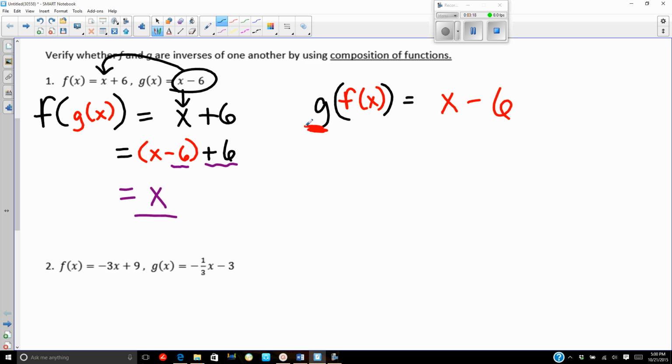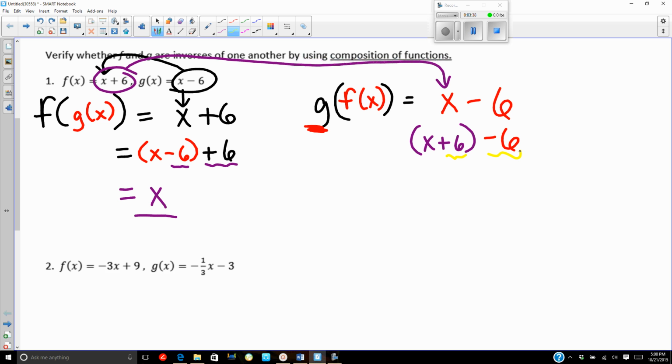And we are going to insert the f function, x plus 6, in for x. It's a really quick, easy one. We insert x plus 6 in for x. Again, we combine our like terms. We notice positive 6 and negative 6 just cancel out, and we are left with just a single x.